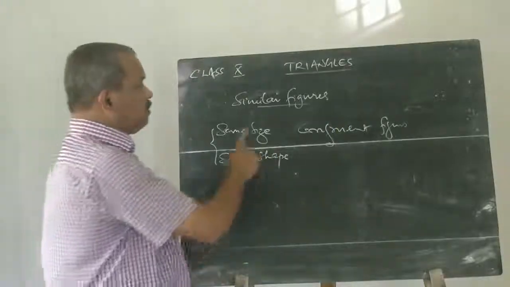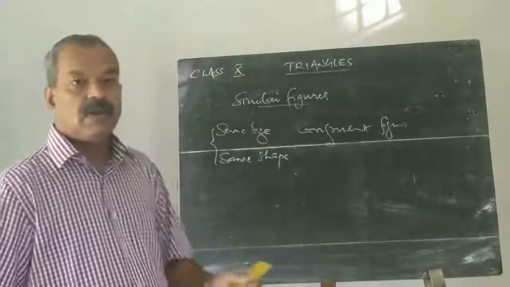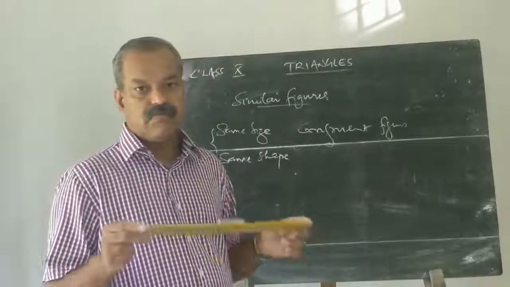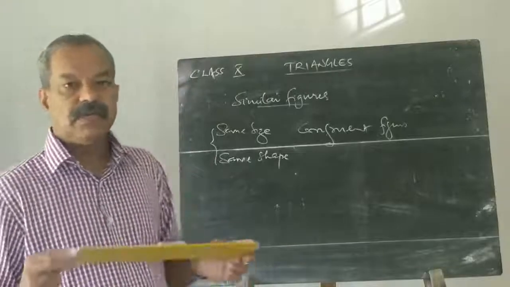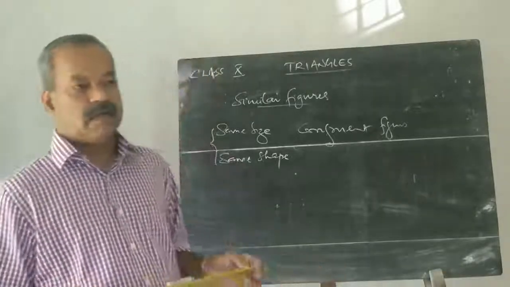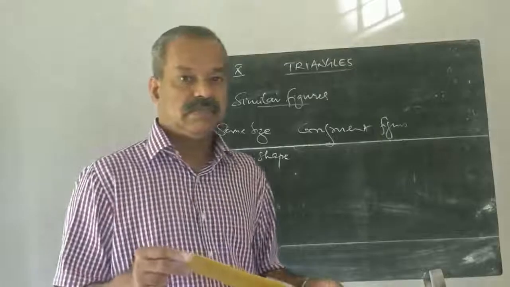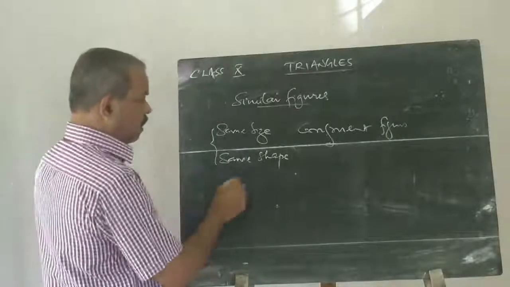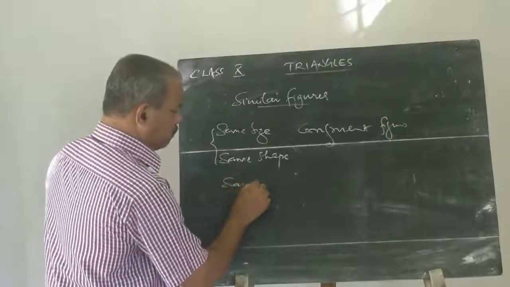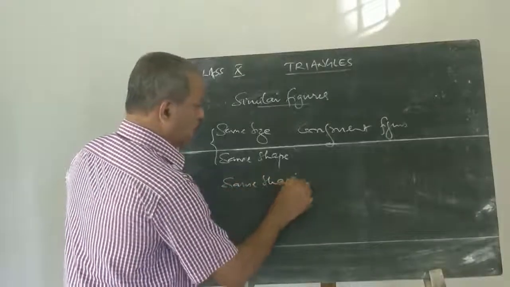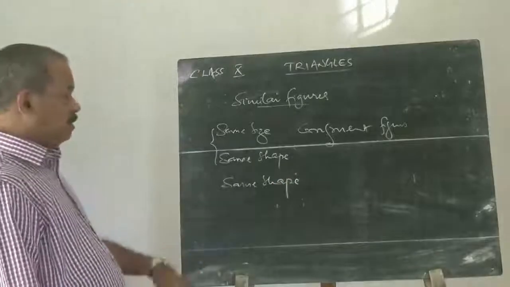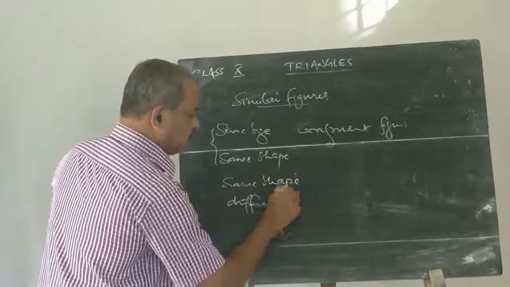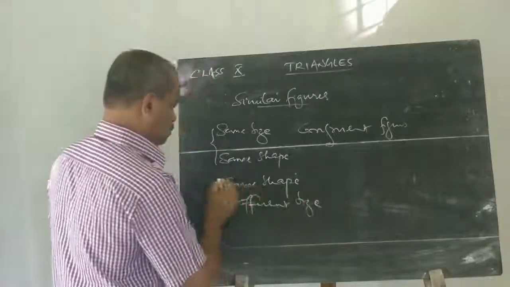But what about similar figures? Two equilateral triangles, one with a 5 cm side and the other with a 6 cm side, are not congruent. Such figures are called similar figures. Same shape, but different size.